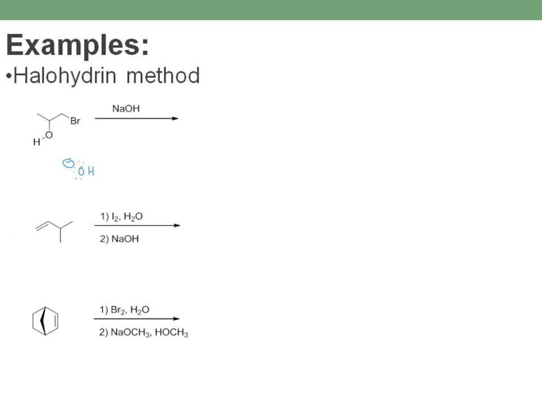So you might think that this hydroxide can do one of two things. One, maybe it can do a backside attack on the bromine and then do an SN2 type reaction, and then you'll get your diol. The other thing, though, is that it could act as a base. You're trying to balance those two. If it acts as a base, it plucks off this hydrogen, which leaves the O minus.